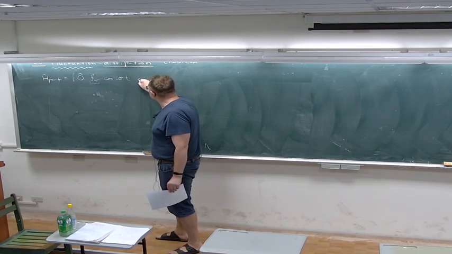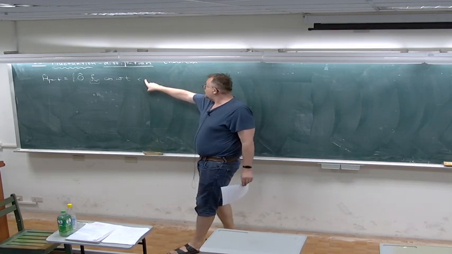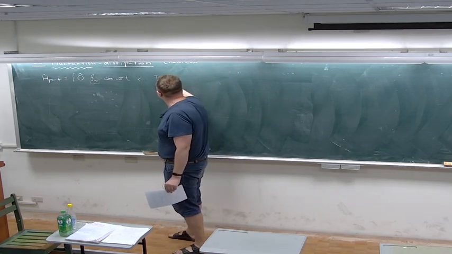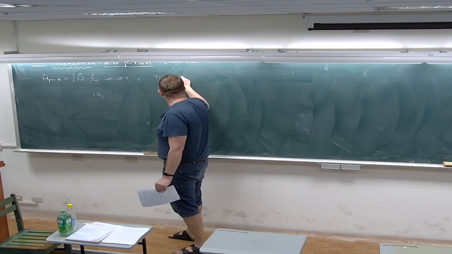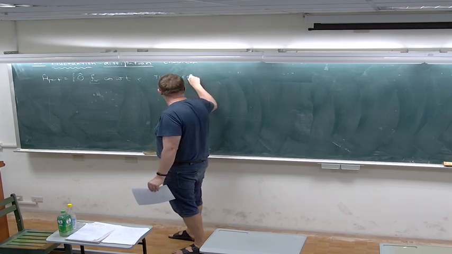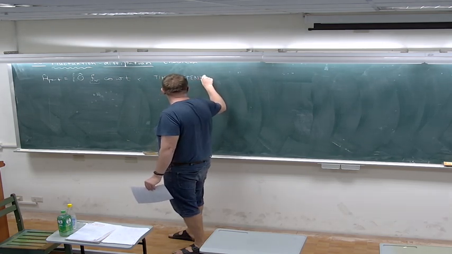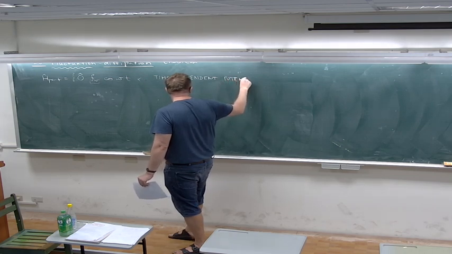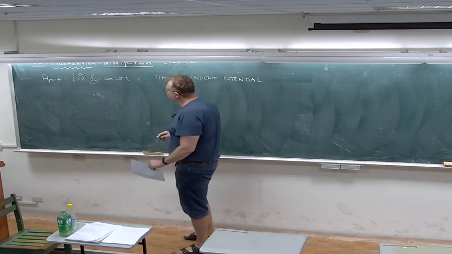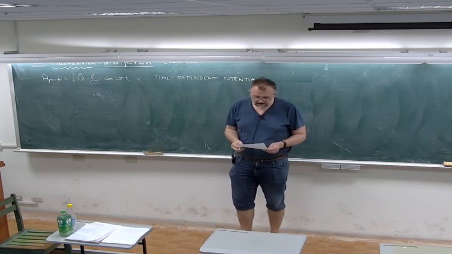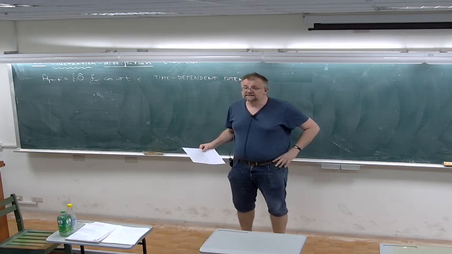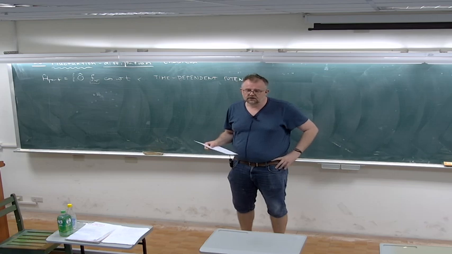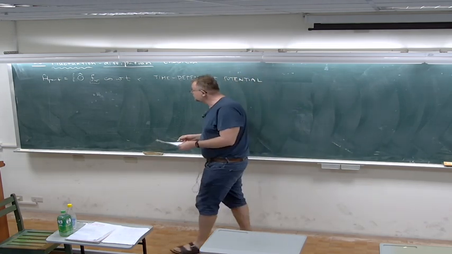And what I'm seeing here, if I'm looking with the eyes of quantum mechanics, then I see I have a time-dependent potential. Right, and if you have a time-dependent potential, then if you remember your classes from quantum mechanics, you can apply the time-dependent perturbation theory, and you can derive the Fermi golden rule.